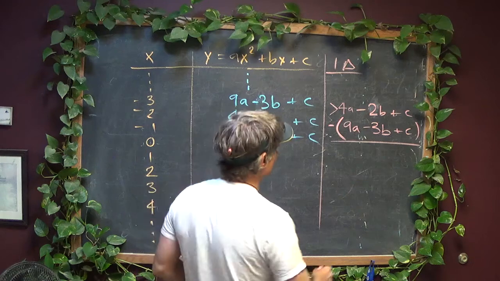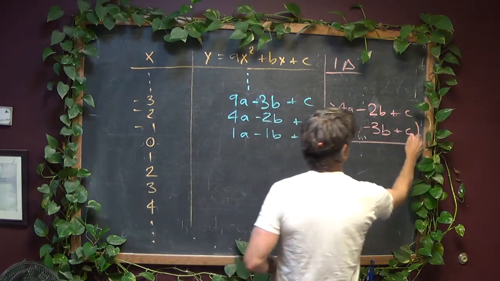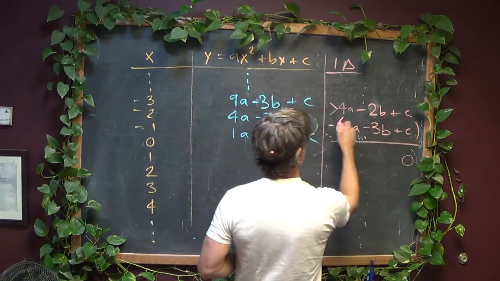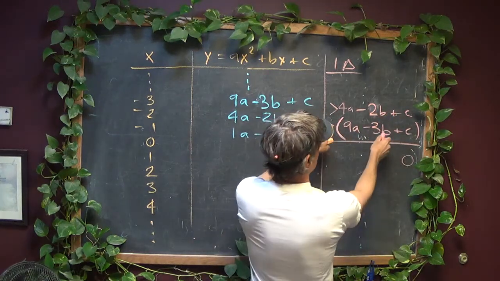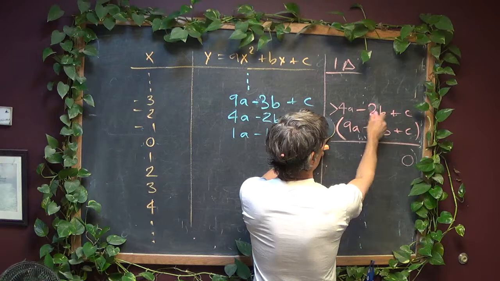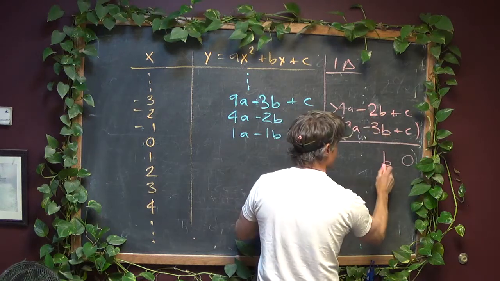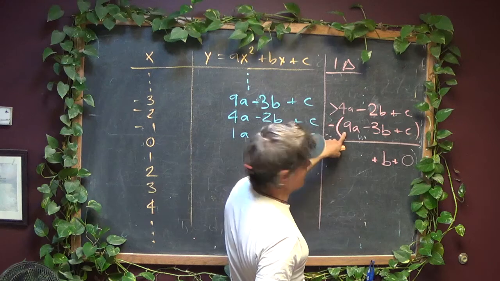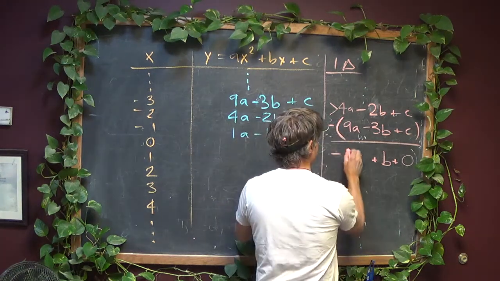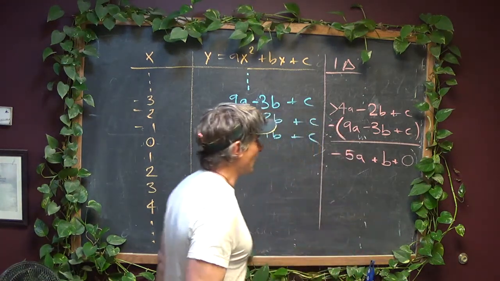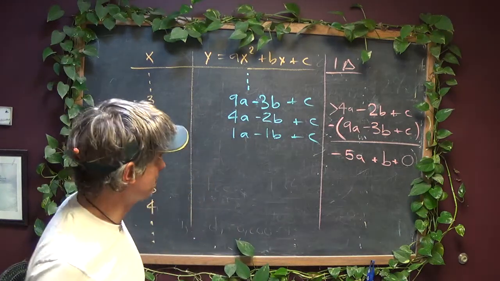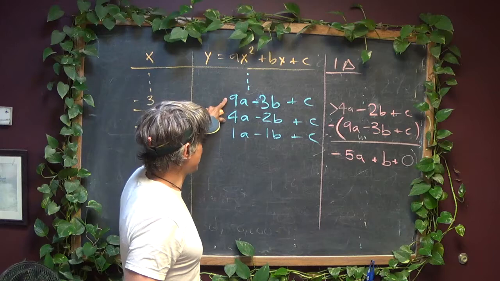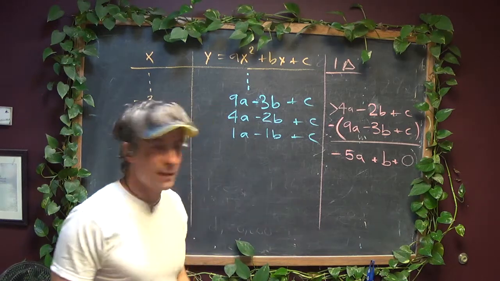Okay? So we know c minus c is going to be 0. -2b minus -3b, that's plus 3b. So you've got -2 plus 3, that's going to be plus b. And then 4a minus 9a is going to be -5a. So I get -5a plus b for that first difference, which is between these guys right here. -5a plus b.